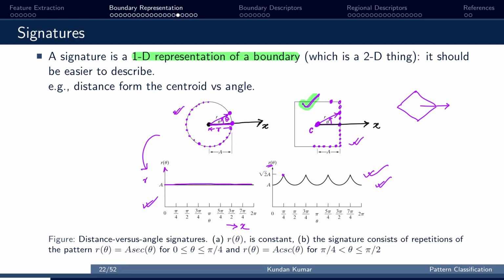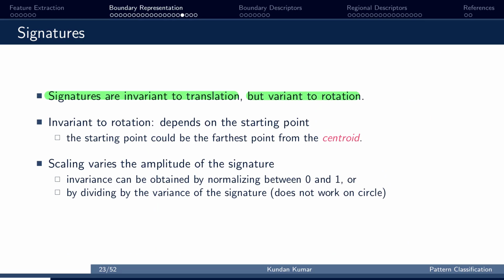Maybe this will be our starting point for this shape. So the signature is variant to rotation, and how can we make it invariant to rotation? We have to consider the starting point as the farthest point from the centroid. That means we will start our computation from the farthest point from the centroid.